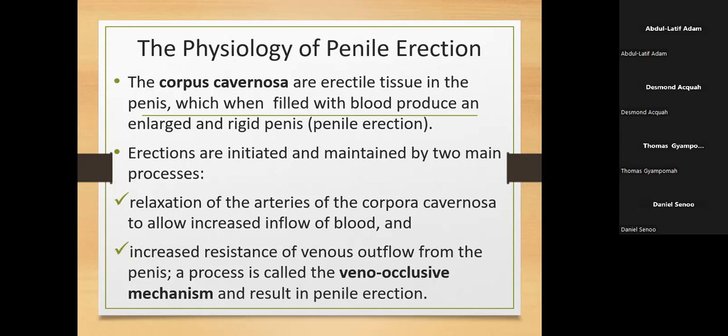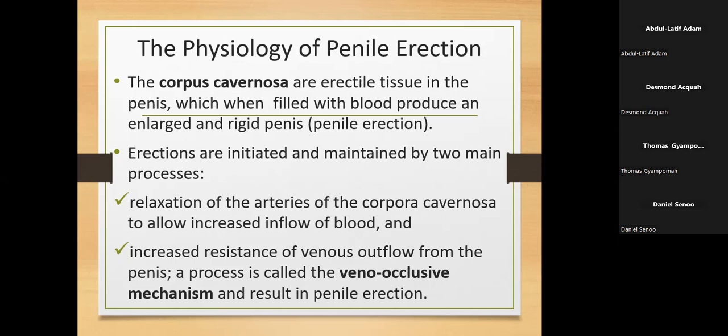So the arteries have relaxed, and there is a lot of blood going in there. And once they are side by side with the veins, then they will impinge on the veins. So the veins become smaller.